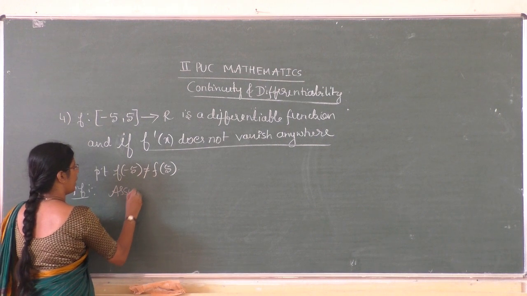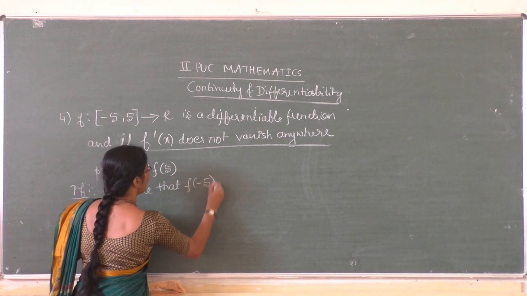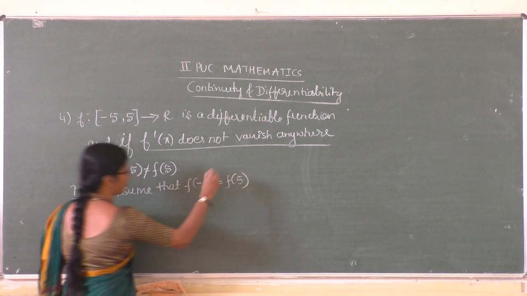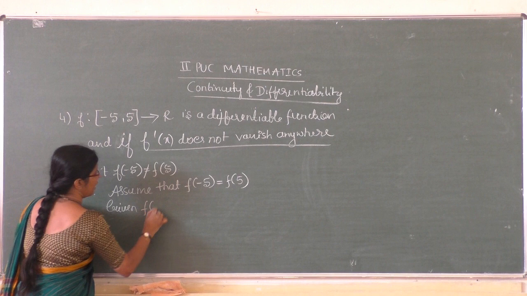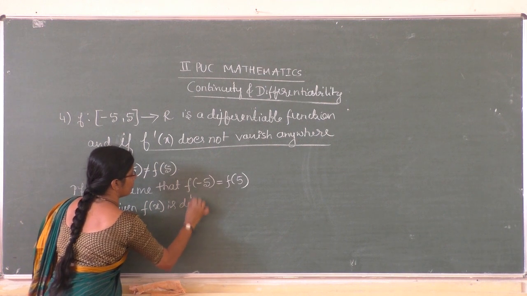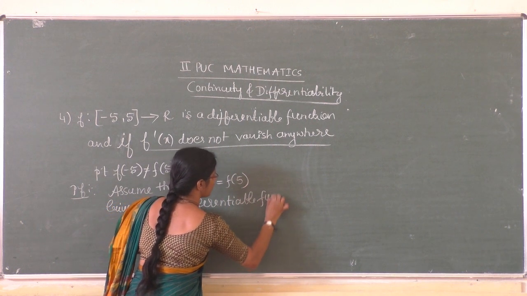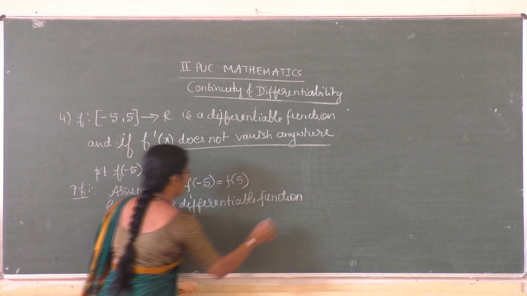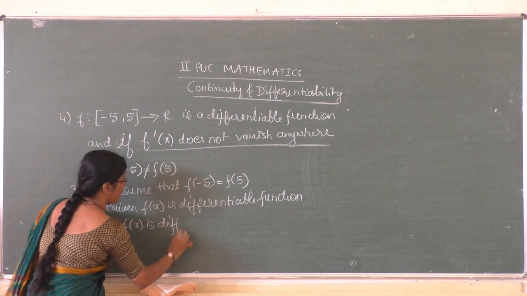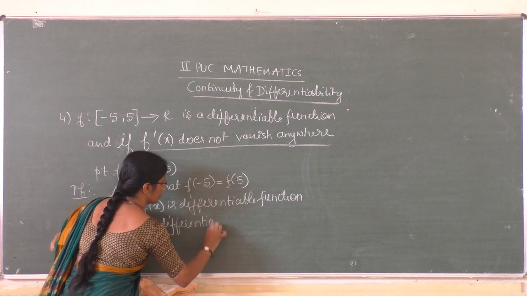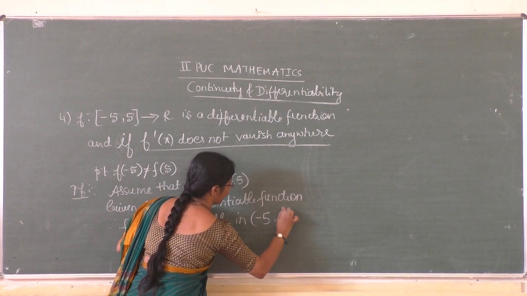Assume that f of minus 5 is equal to f of 5. Now given f of x is a differentiable function, therefore f of x is differentiable in minus 5 comma 5.